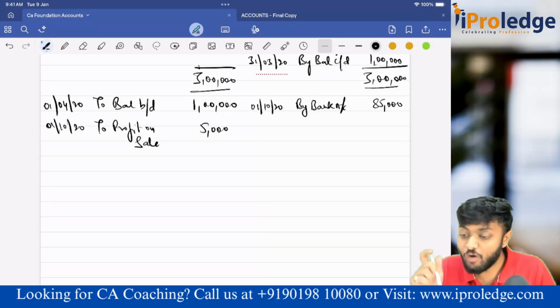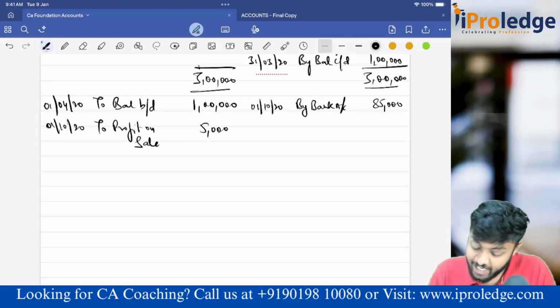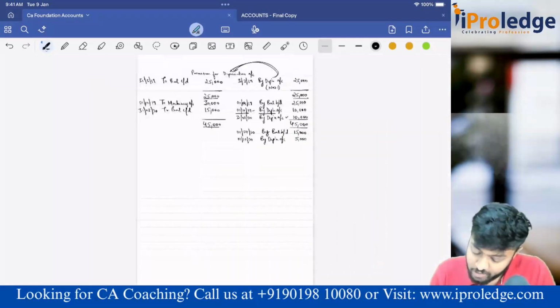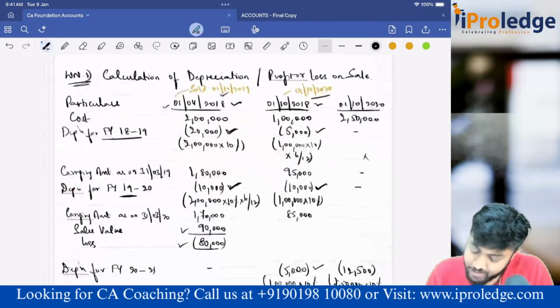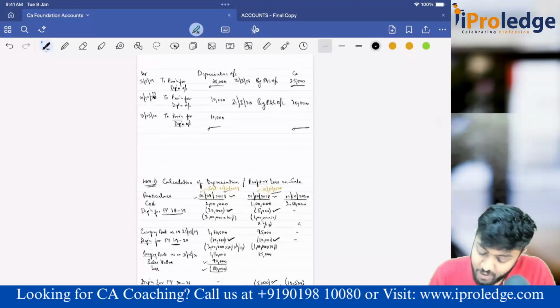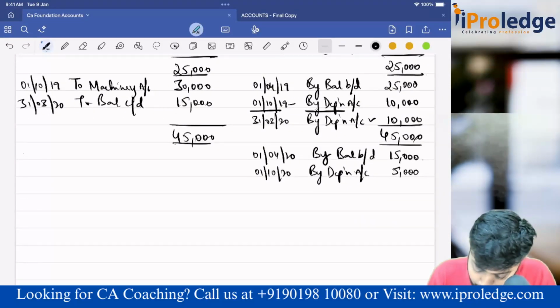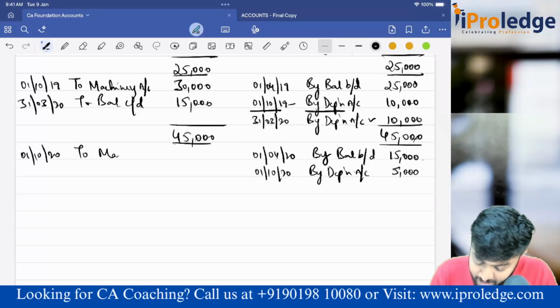Then we have the depreciation component in provision for depreciation account, which I'll transfer to machinery account. How much depreciation have we charged till now? 5 plus 10 plus 5, it is 20,000. Transfer 20,000 from provision for depreciation to machinery account.